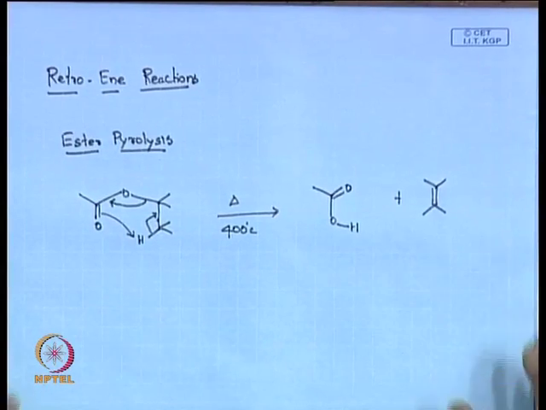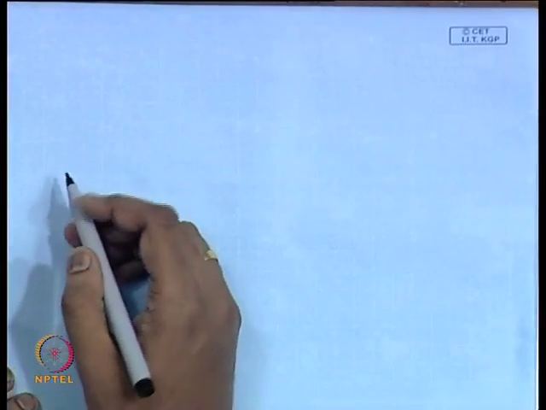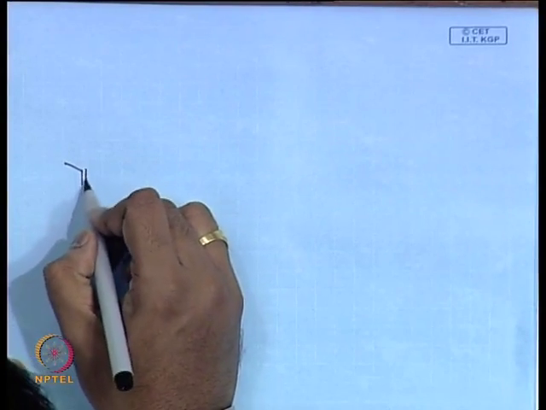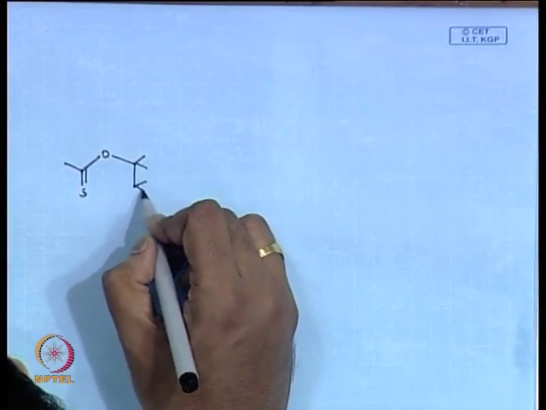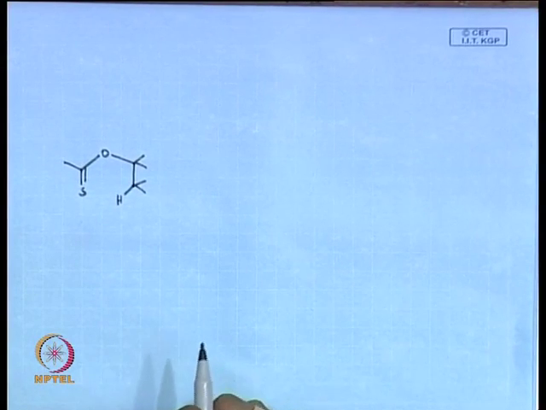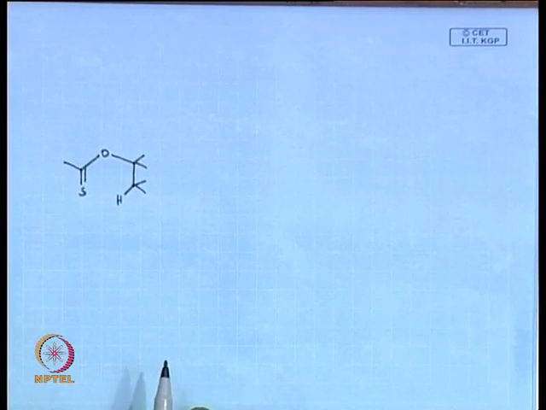Right. There are other retro ene reactions you can think about. See, instead of this ester, if I take a thioester, any reaction comes to your mind, right? If I have a system like this, famous reaction, anything comes to your mind, name of the reaction? Instead of an ester I have taken a thioester.